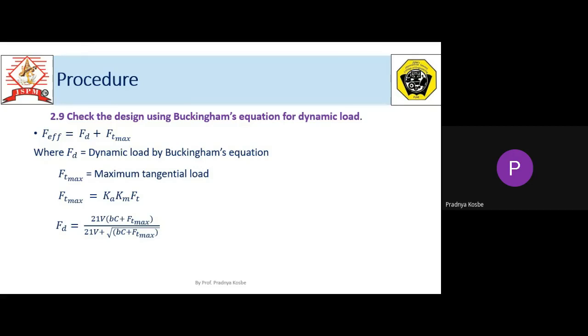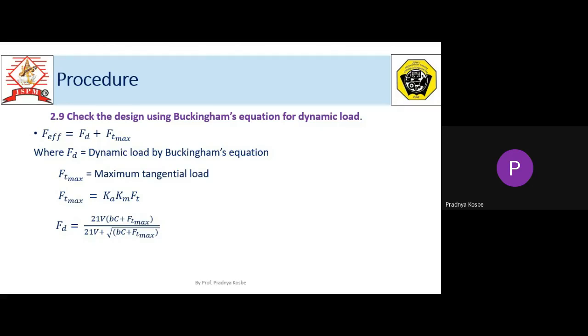Now we have decided the module using the velocity factor, that is F effective is equal to K Km Ft divided by Kv.